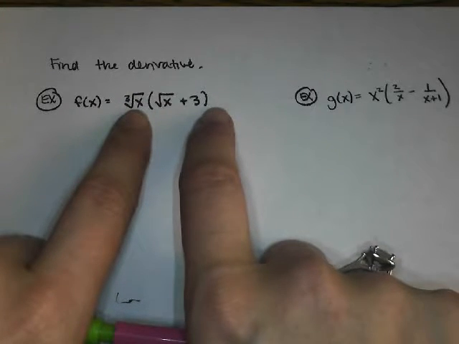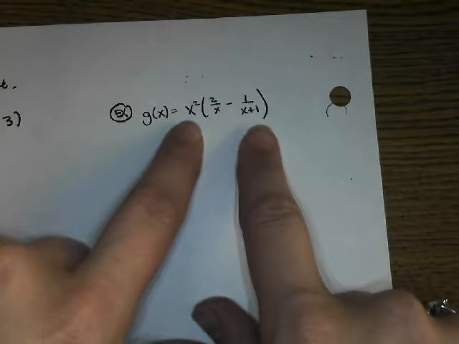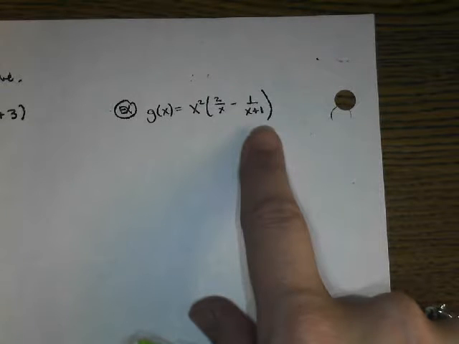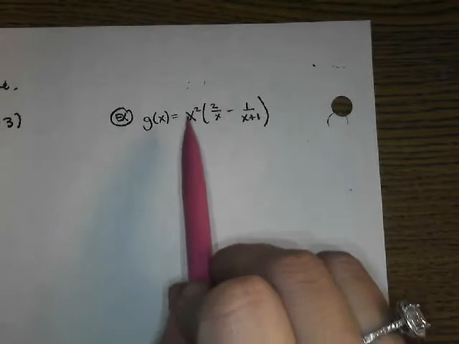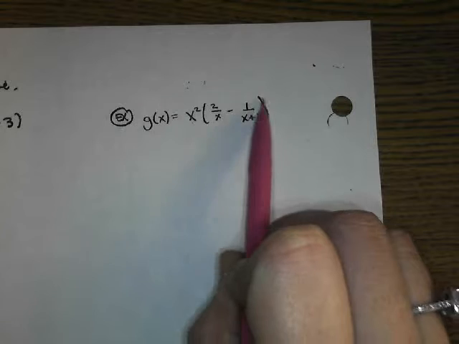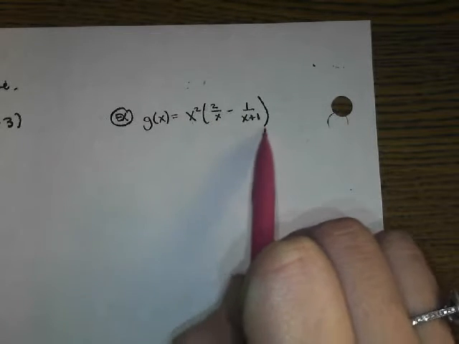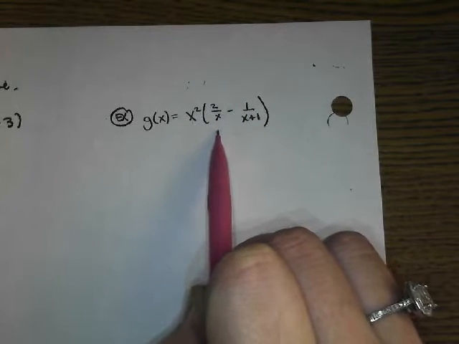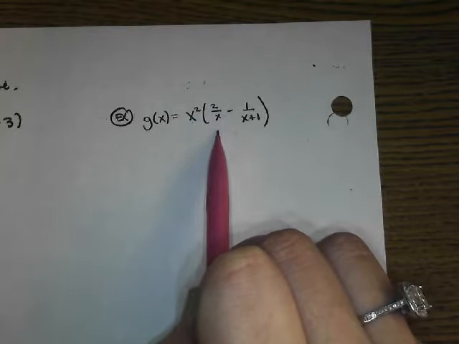This one, I definitely do not recommend the product rule, because if you do the first times the derivative of the second, it is going to have multiple quotient rules within it, and that's not desirable. So instead I would distribute.